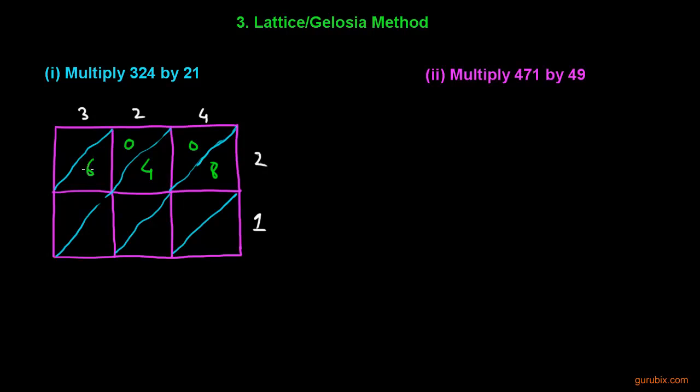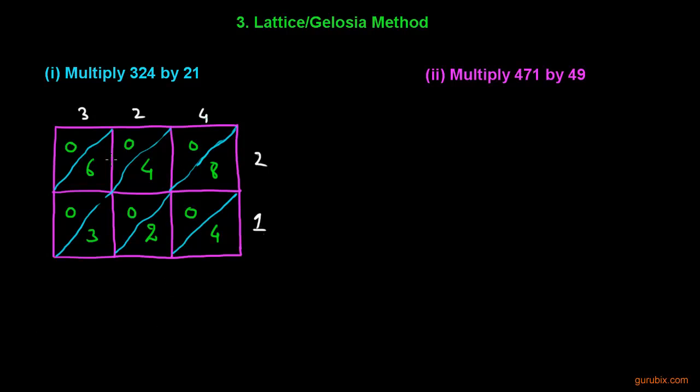We shall write 6 here and 0 here. And now we shall multiply 4 with 1. This means 4 times 1 is 4. We shall write 4 like this. 2 times 1 is 2. We shall write 2 like this. 3 times 1 is 3. We shall write 3 like this.